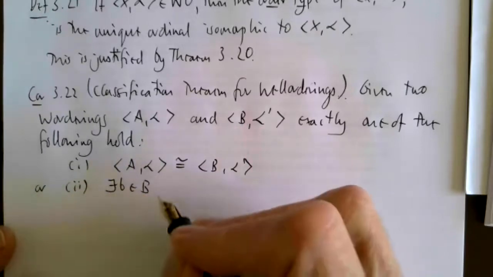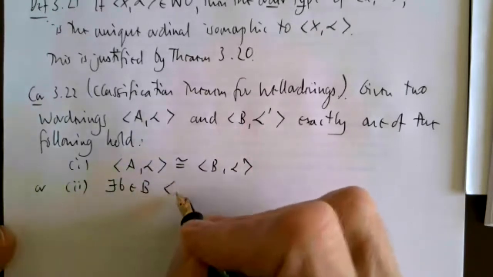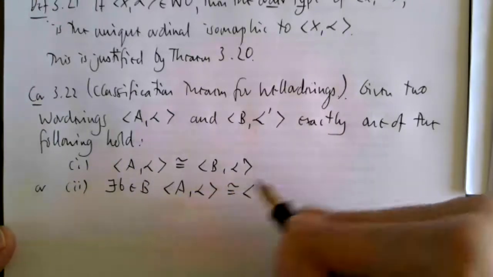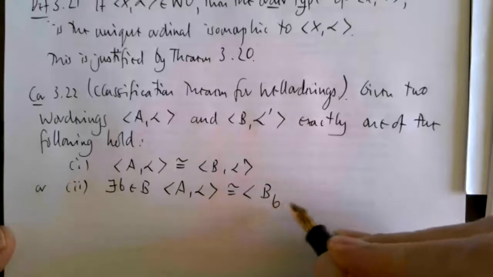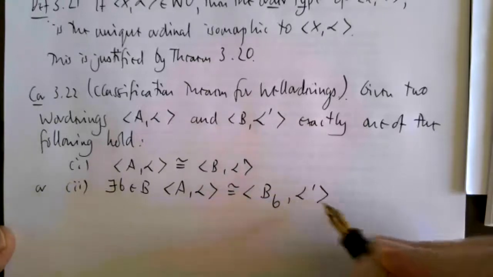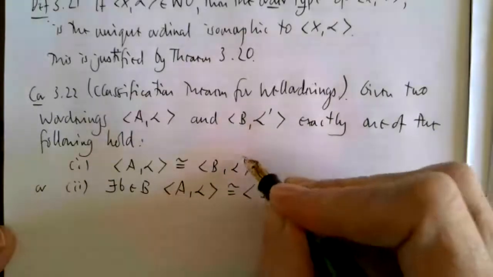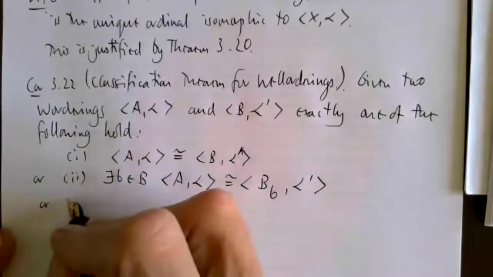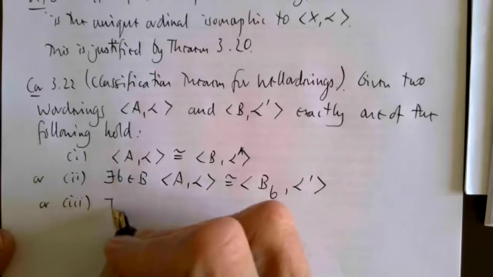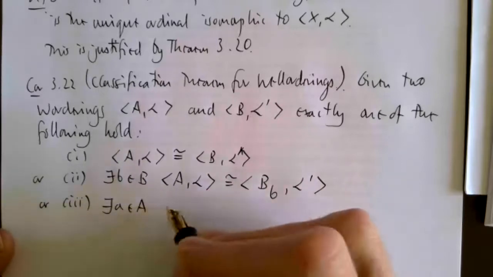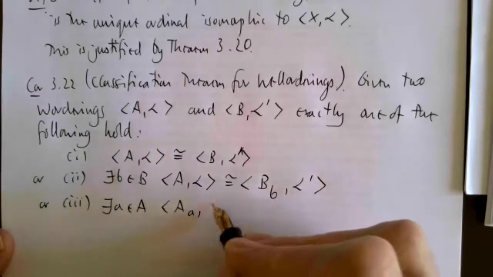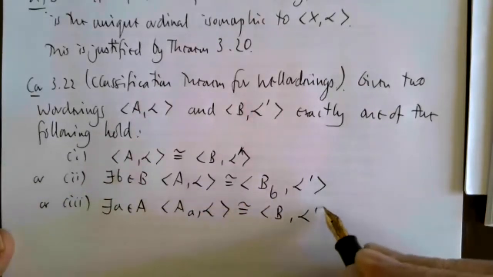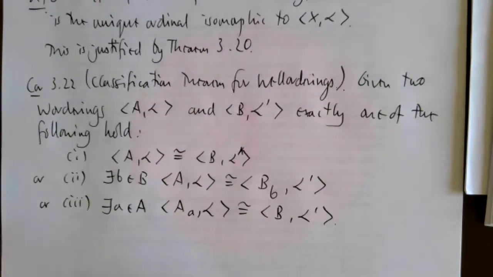So I'll just say there's a little b in big B. So A is isomorphic to this initial segment of B. So the B ordering looks longer, or the other way around. There's some little a in A, where this initial segment of A is isomorphic to all of B with its ordering there.